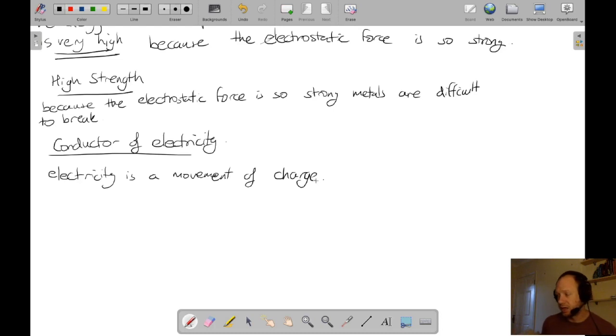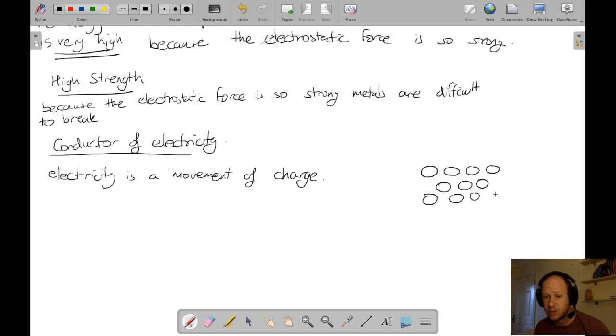Now, can you think of anything that is charged and free to move in my metal whilst I draw this? So think about that structure of a metal. Is there anything here that's charged and free to move? So here we've got our fixed positive ions. And what are they surrounded by? That's right. They're surrounded by a sea of delocalized electrons.